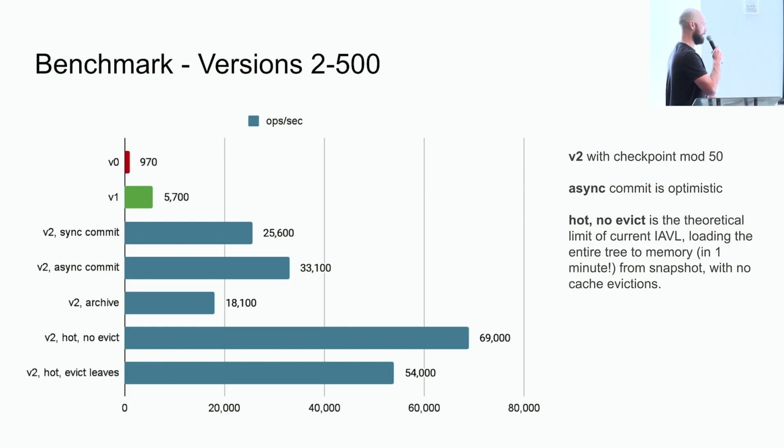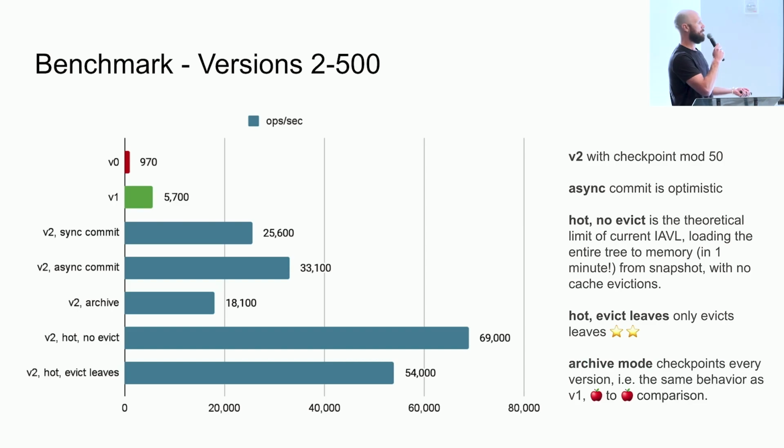And V2 archive is really an apples to apples comparison of what V1 and V0 are doing, which is they don't checkpoint. They save every version to disk. I know this is super technical, and if you don't have the context for IAVL, this might not make any sense, but that's what this talk is. So bear with me. It'll hopefully make a little bit more sense later.